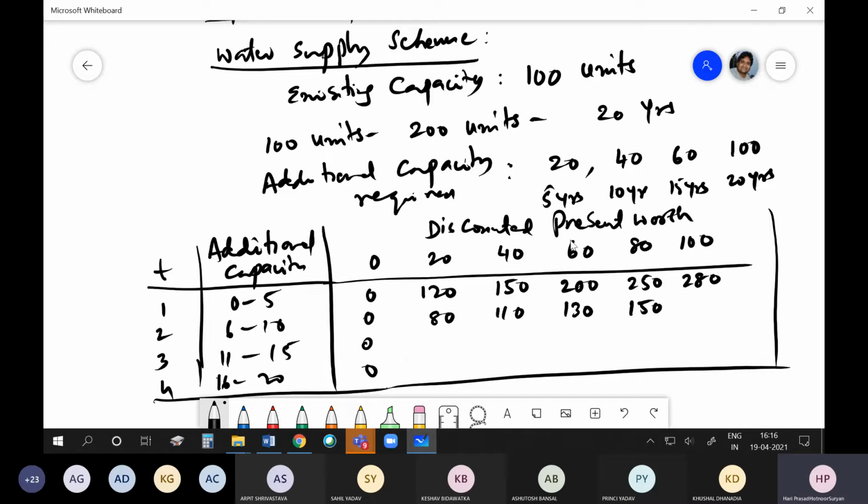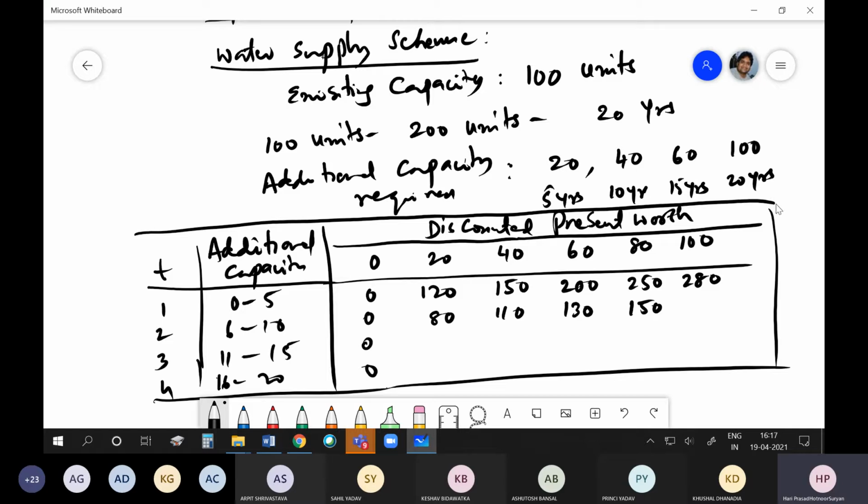This is the discounted present worth. Then 0, 60, 80, 100, 40, 50. So this is the table in which the present worth is given.